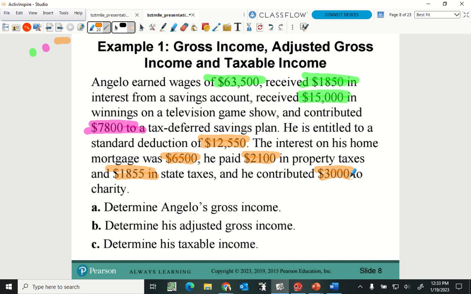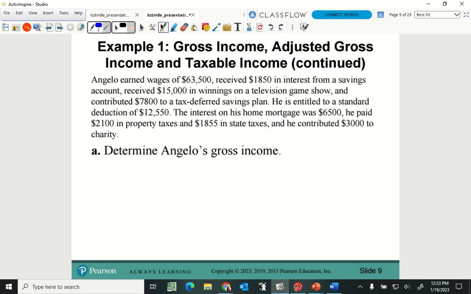The first thing I'm going to do is start with step one, gross. How do I figure out the gross? Add them all up. So in this case, I'm adding 63,500 plus 1,850 plus 15,000. Oh, wait, hold on.